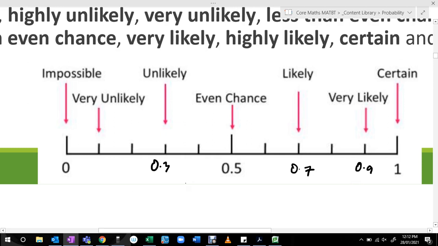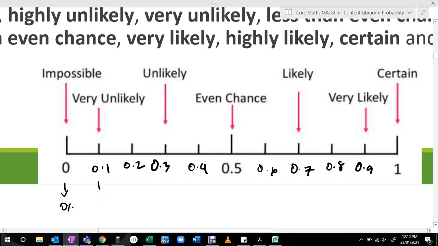You can fill out the rest of the scale if you want to, but I can see here that very unlikely would be 0.1, unlikely 0.2, just before even chance would be 0.4, and then this would be 0.6 and 0.8. Now, if you wanted to convert these to percentages as well, 0 obviously means 0%.